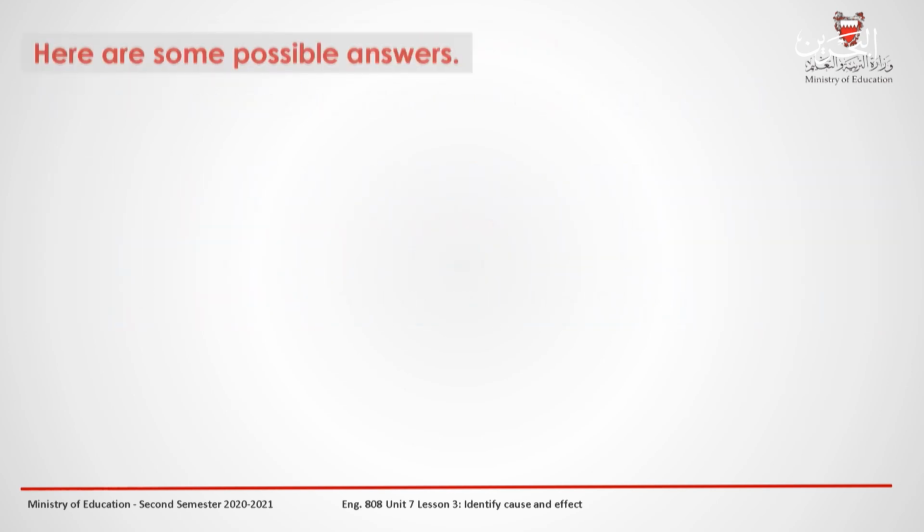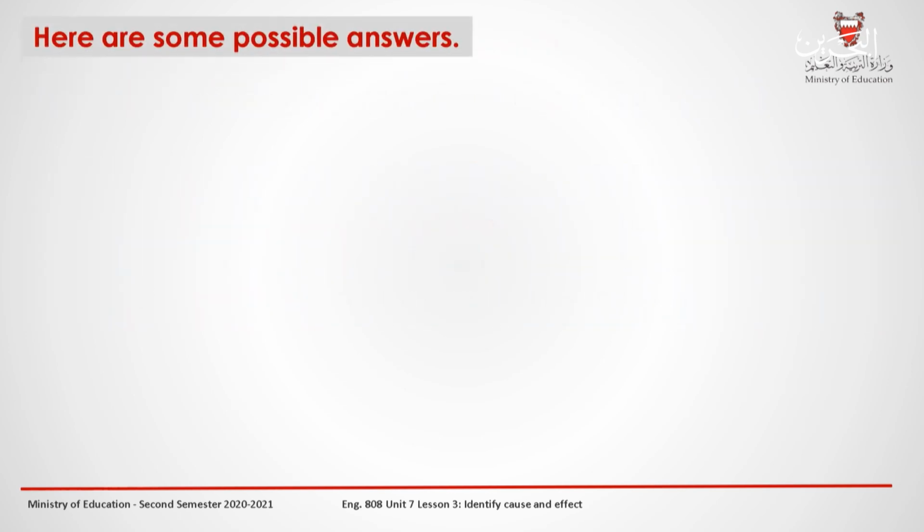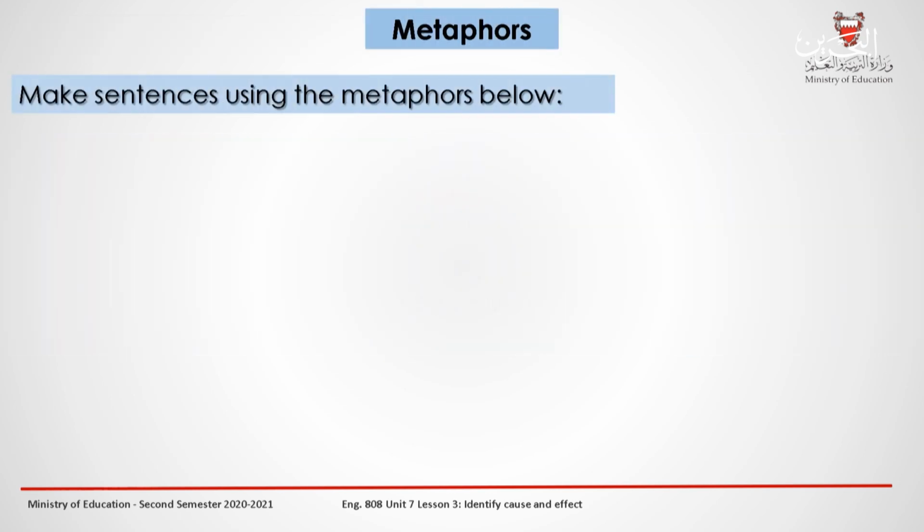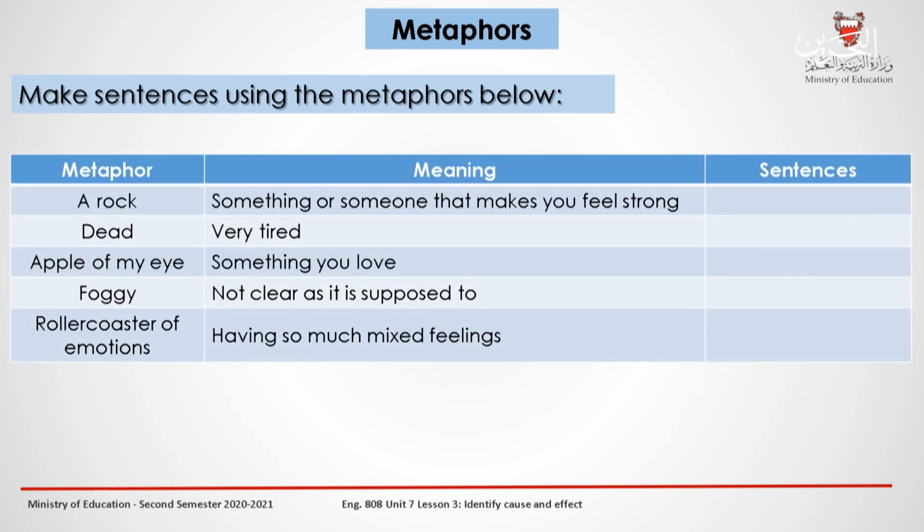Here are some possible answers. Let's practice using metaphors. Make sentences using the metaphors below. You have the metaphor, its meaning, and then you have to use it in a sentence. Let's read them together.